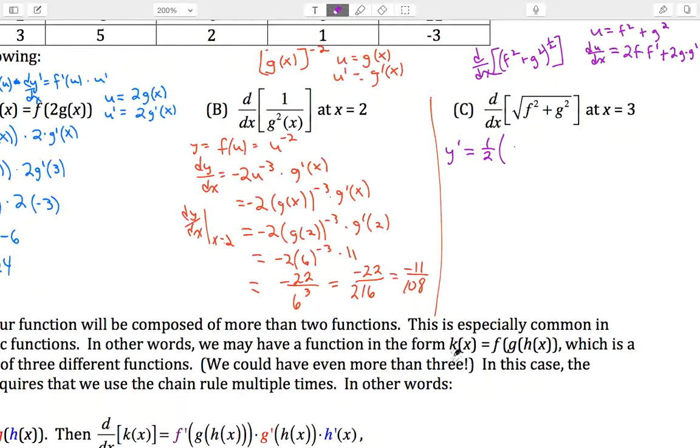I'm going to go ahead and write it like this. That's the derivative of the outside with the inside still in it. What's the exponent? Minus 1/2, times that long 2f f prime plus 2g g prime.